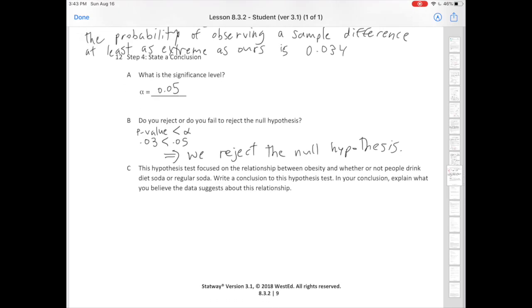This hypothesis test focused on the relationship between obesity and whether or not people drink diet soda or regular soda. Write a conclusion to this hypothesis test. In your conclusion, explain what you believe the data suggests about this relationship. Okay, so we need to understand here that the sample that we took supports the alternative hypothesis.